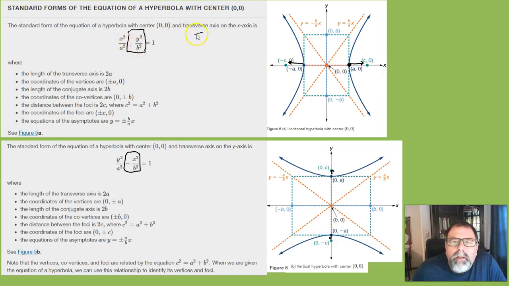So if it's horizontal, you're going to add and subtract a to the x coordinate for both of these, and then for the conjugate axis, you're going to use b, right? So it's pretty similar to the ellipse with those minor changes. I'm going to erase this extra.